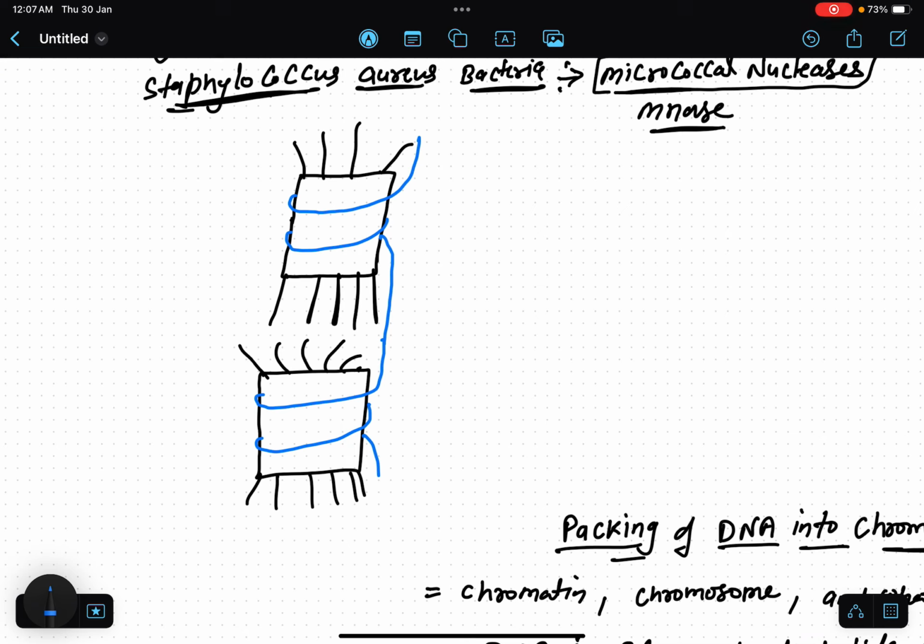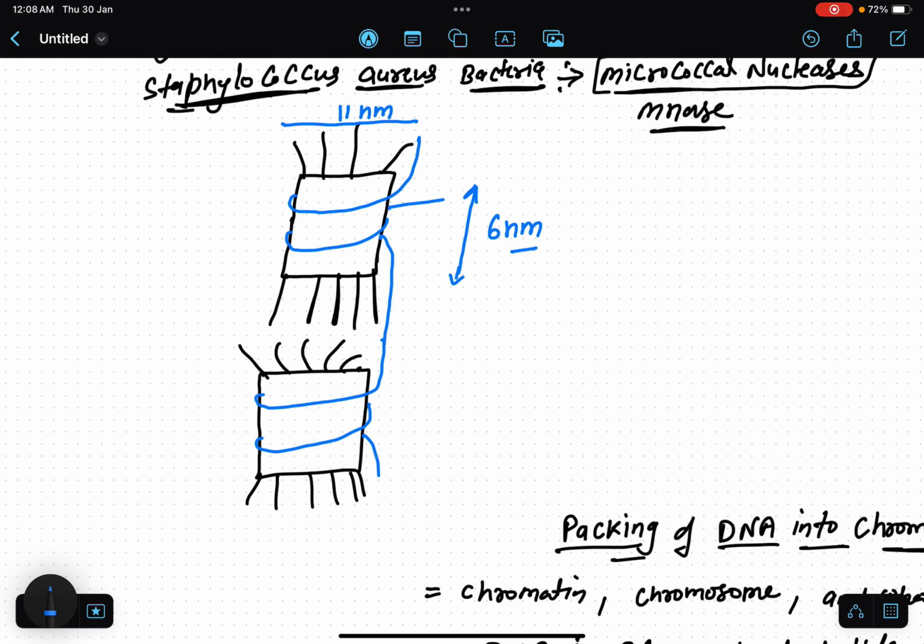Now if we see this octamer, its length is 6 nanometer, and its width is 11 nanometer, and 6 nanometer is height.